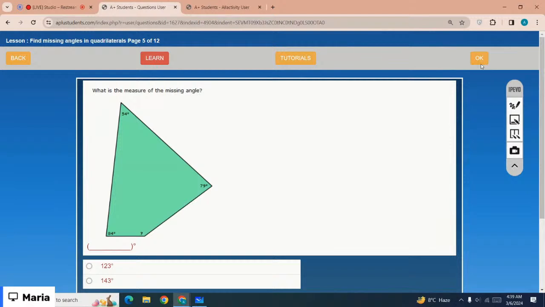It isn't 123, that is 143. You can do the calculations, that is 143.